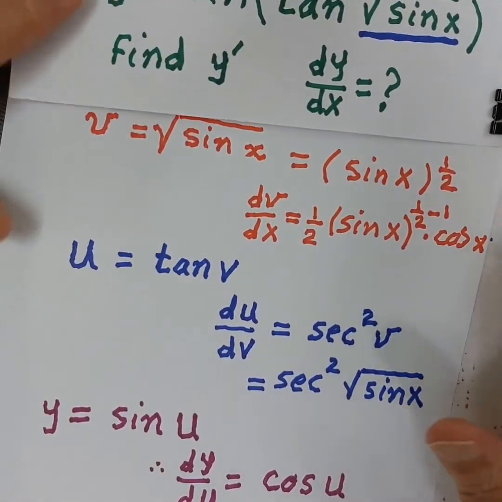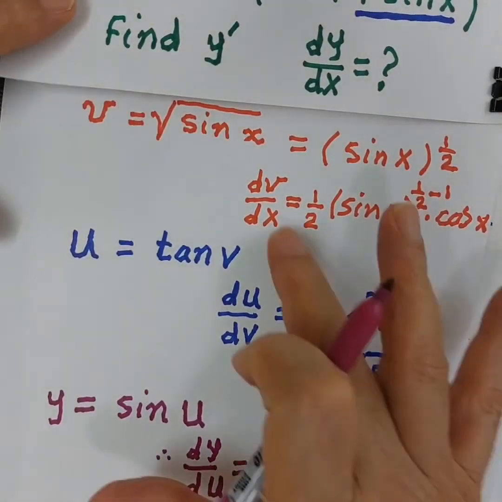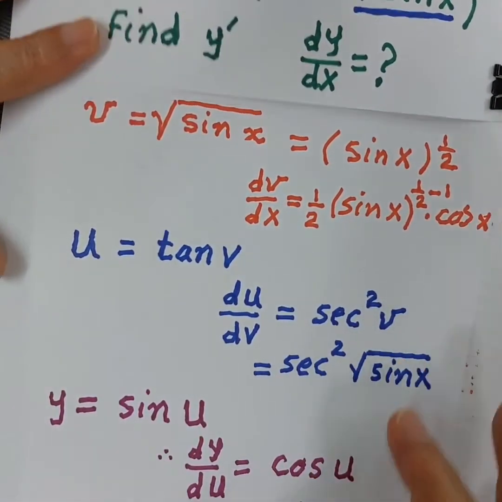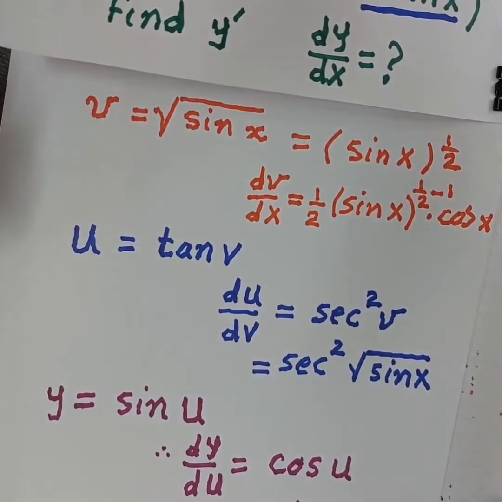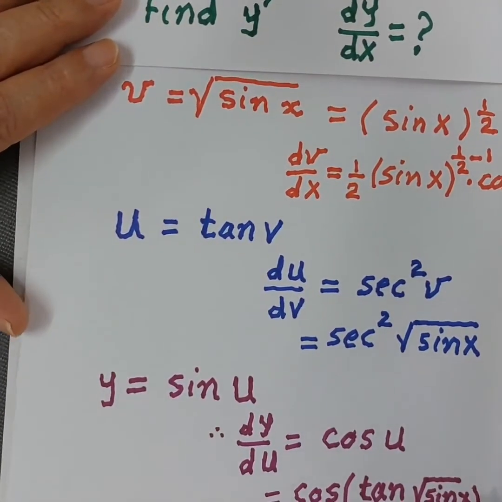From the three steps we did, we multiply the result, this one by this one by this one. And this leads me to the final result, which is dy by dx.